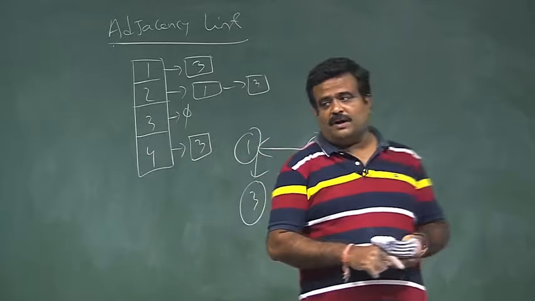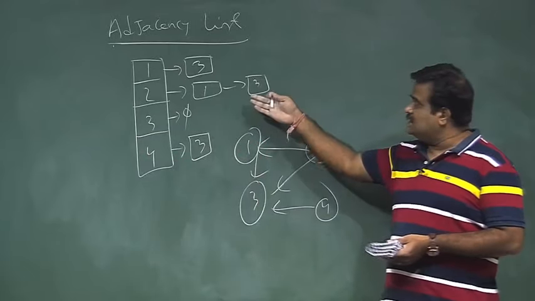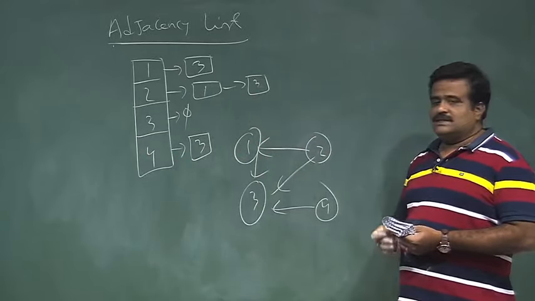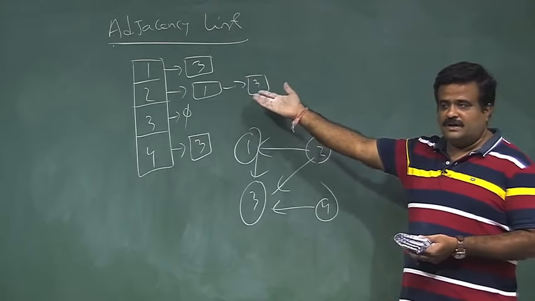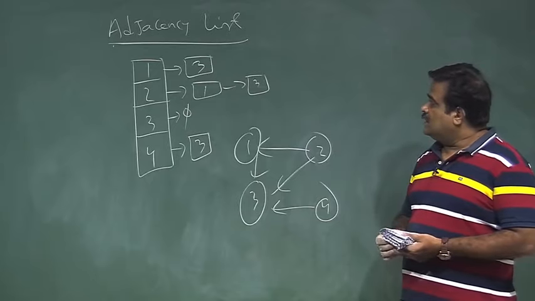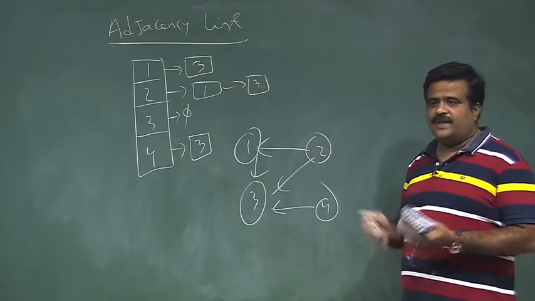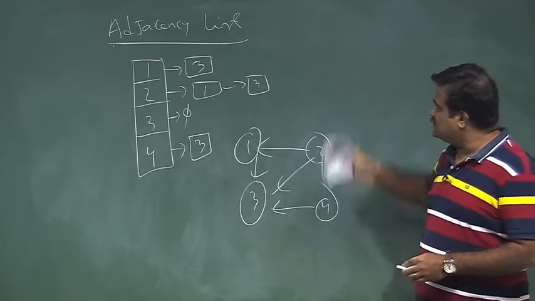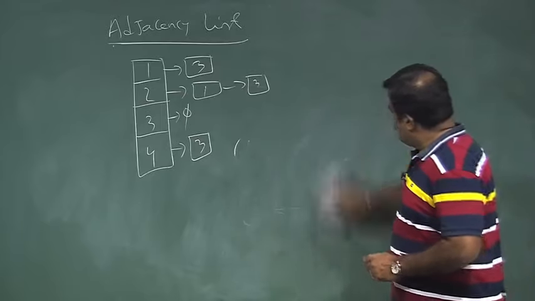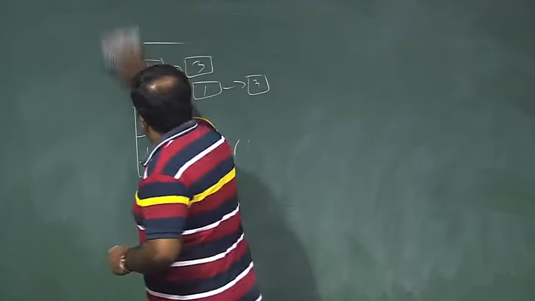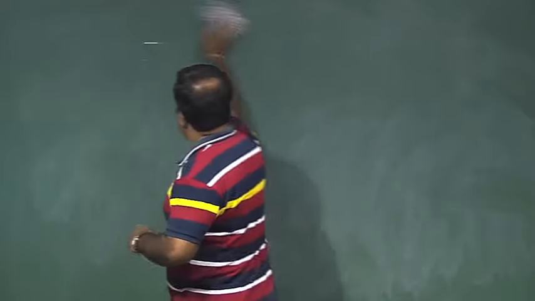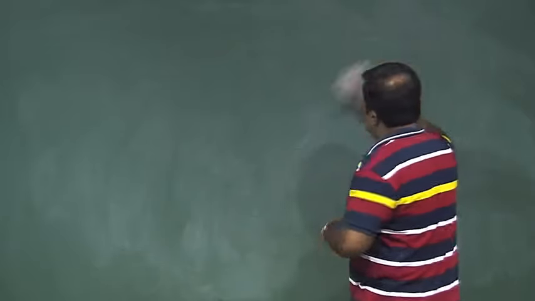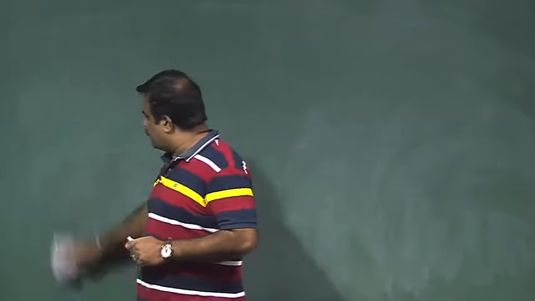Otherwise, if it is a sparse graph, if the number of edges is small, one can go for the adjacency list, because in an adjacency list we have to go for a linked list implementation, but a matrix is very easy to handle. Okay. So, these are the two ways we can represent a graph, either by the adjacency matrix or by the adjacency list.